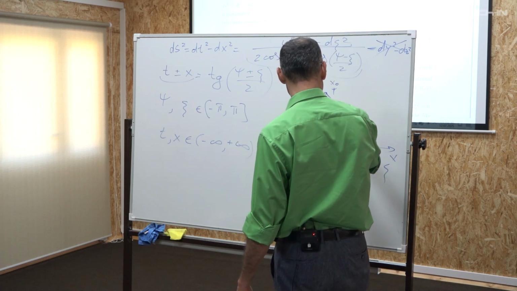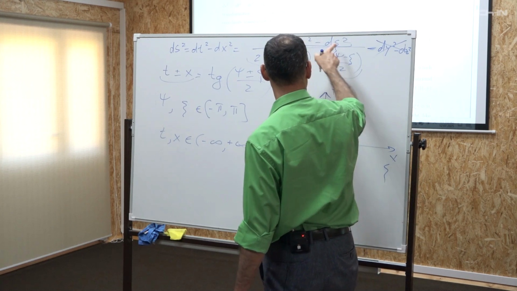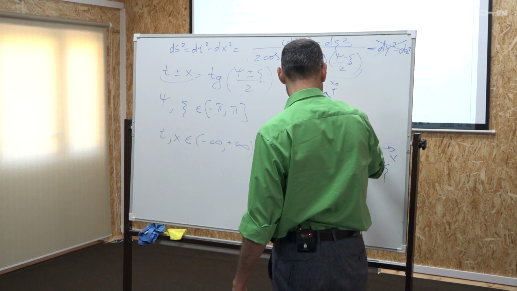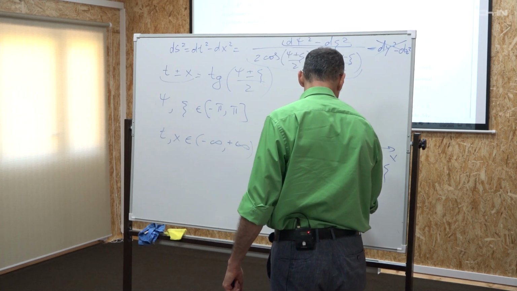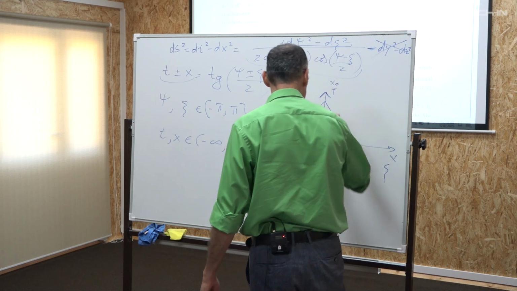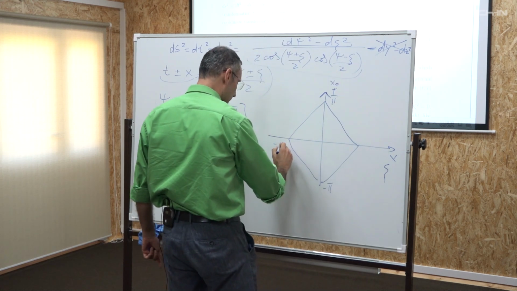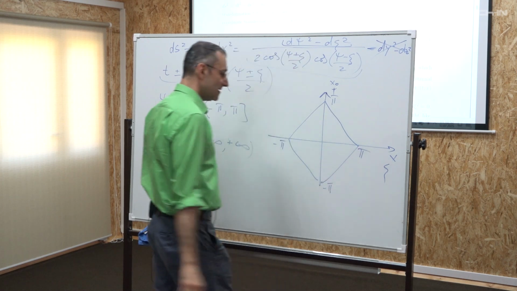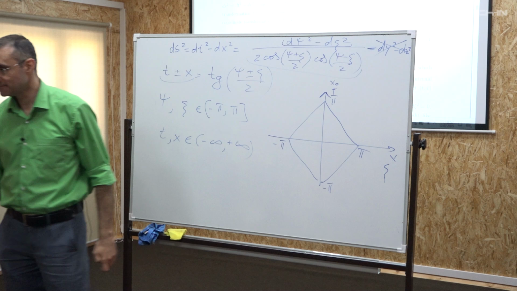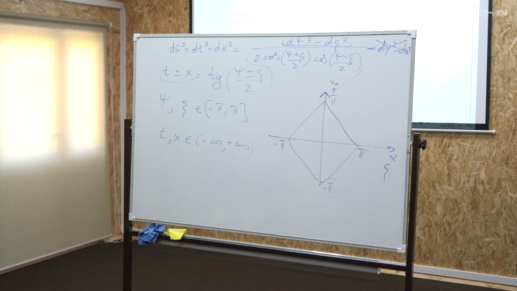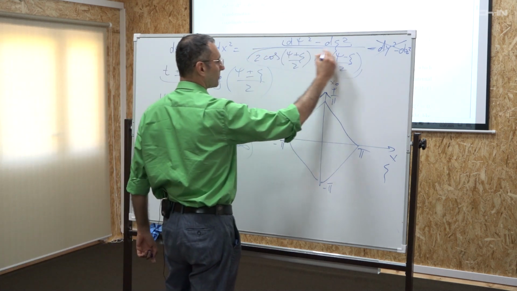If I draw now these coordinates, they range from minus pi to pi. So the entire plane is shrunken to this square by the conformal map, if I drop the conformal factor.